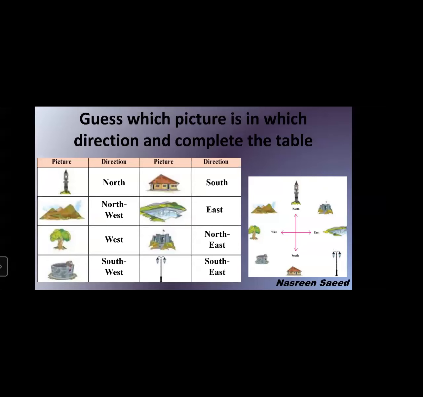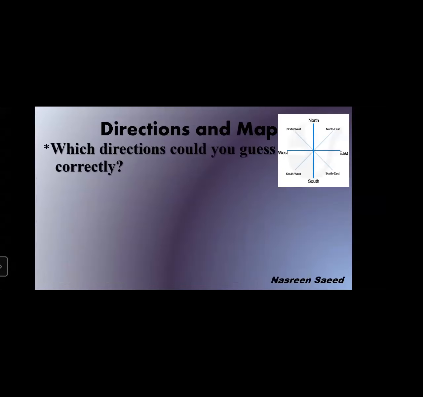Okay, let's move ahead. Now, which directions could you guess correctly? The main directions like east, west, north and south were easy to guess because they were directly on the way. Where east and west are pointing, we directly had that direction. So it was easy to guess.